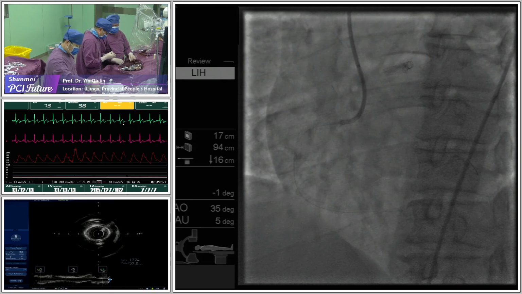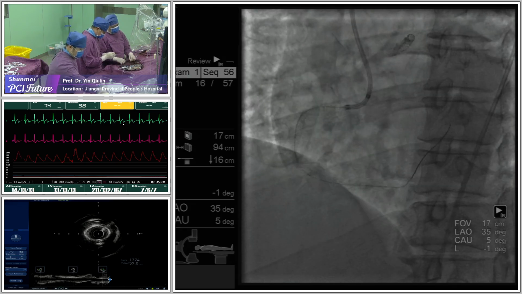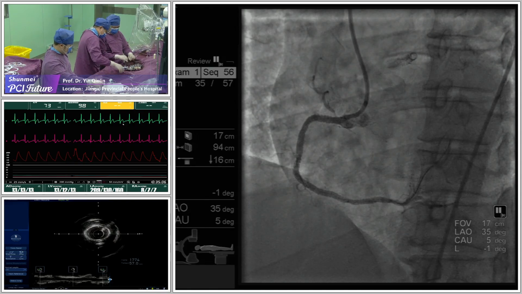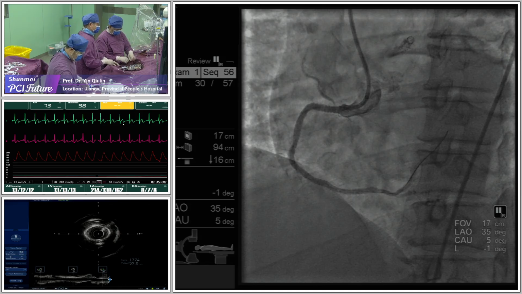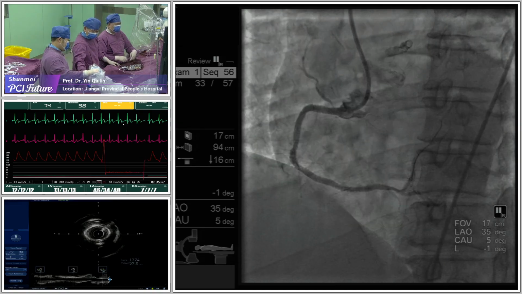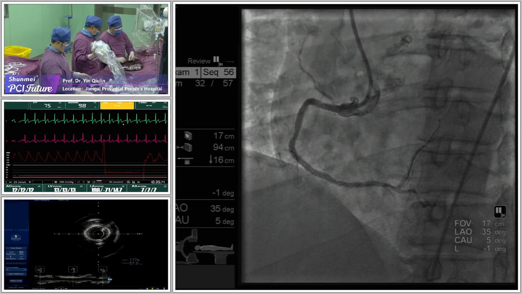Part 3 is the clinical evaluation. There are 9 centers, and more than 24,000 CAG patients were examined.